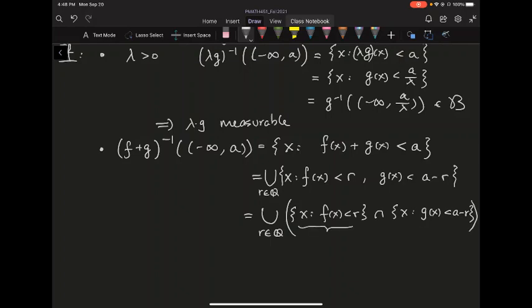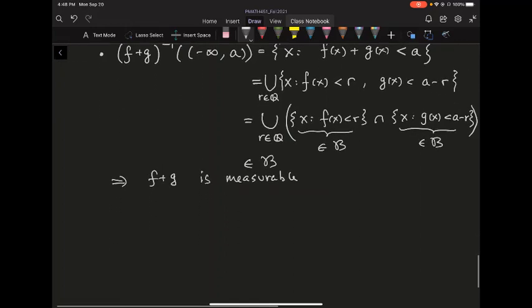Because f and g are both measurable, these two are basically the inverse images of negative infinity to r or a minus r. So we know this is inside B, this is also inside B, and their intersection and countable union, so the whole thing is inside B. So this proves that f plus g is also measurable.